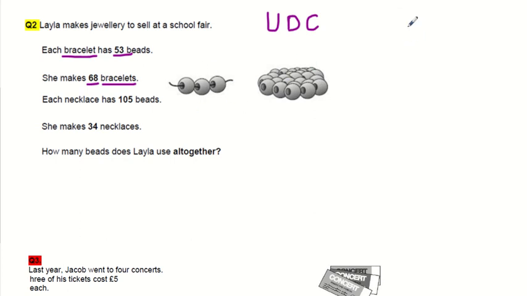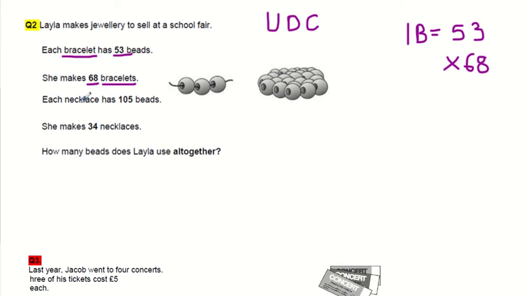So I'm going to say one bracelet. I like to do jottings as I go through so I can see what's going on. Has 53 beads, but she makes 68 bracelets.